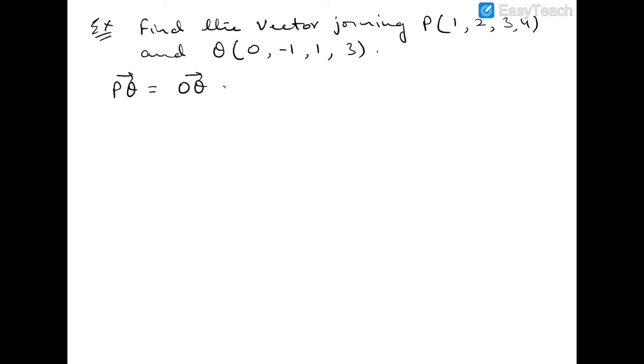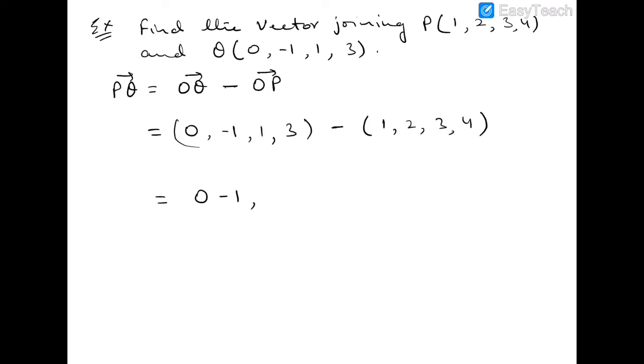So where OQ is (0, minus 1, 1, 3) minus OP, which is (1, 2, 3, 4). So we will get 0 minus 1, minus 1 minus 2, 1 minus 3 and 3 minus 4. Therefore PQ is equal to (minus 1, minus 3, minus 2, minus 1).